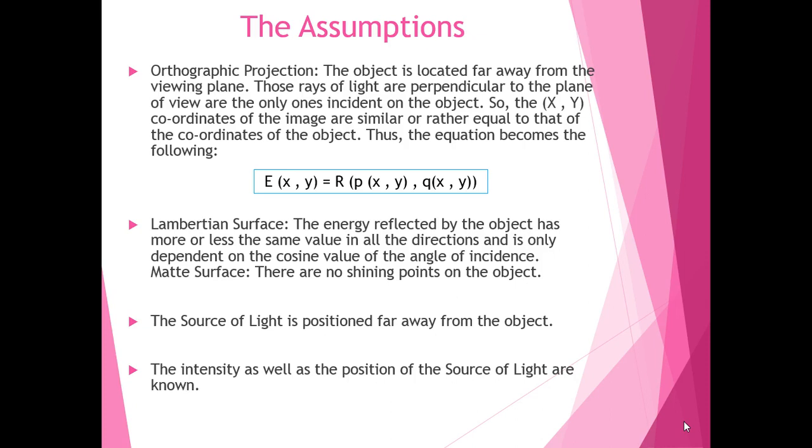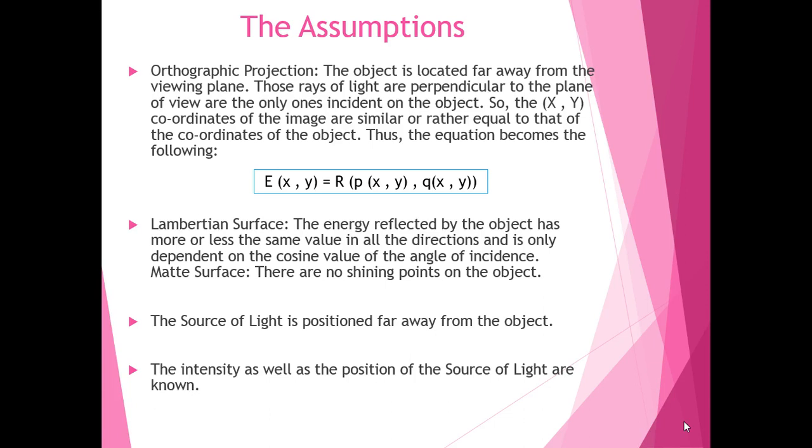As a result of this, the xy coordinates of the image are similar or in fact equal to the coordinates of the object. Thus, the irradiance equation can be modified as the one given on the slide. That is, E of small x y equals the radiance function R of P Q, where P and Q are the partial derivatives of the object surface in the direction x and y respectively.